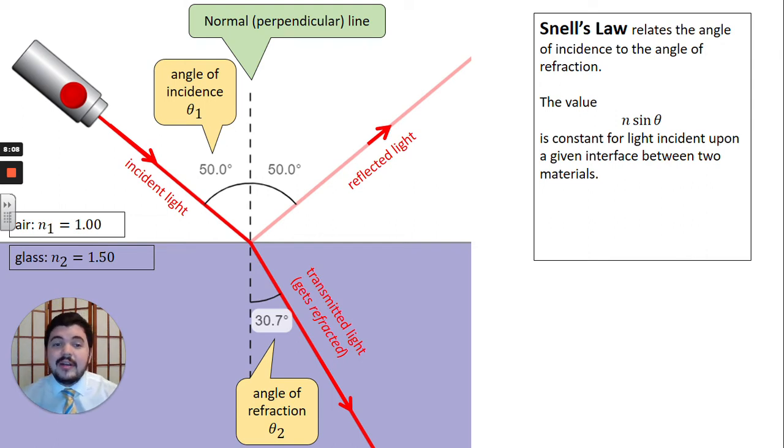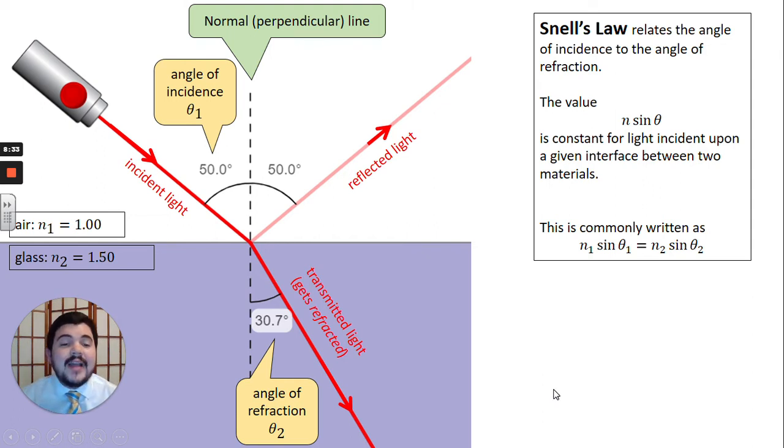The value n sine theta, so you take your index of refraction and multiply it by the sine of the angle, is constant for light incident upon a given interface between two materials. So if we take the sine of this 50-degree angle, multiply by 1, and take the sine of this 30.7-degree angle, multiply by 1.5, we should get the same thing.